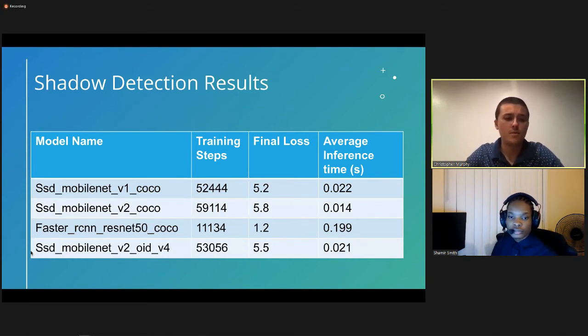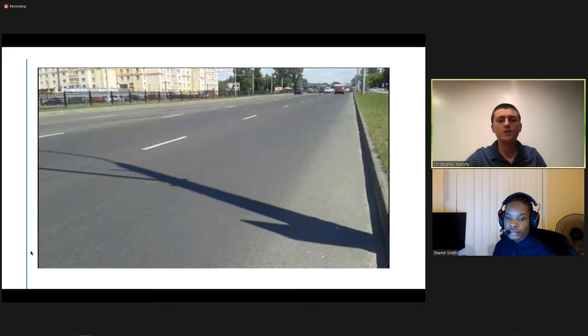As we can see with the faster recurrent neural network, its average inference time was almost 0.2 seconds. And that's just not suitable to execute in real time. The other single shot detector models were suitable for real time, although it came with the price of a slightly lower accuracy.